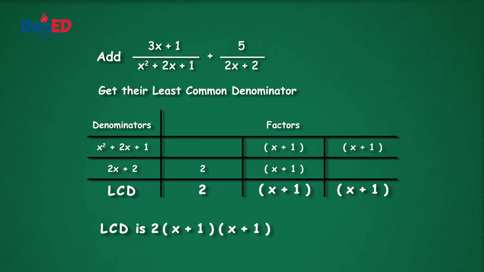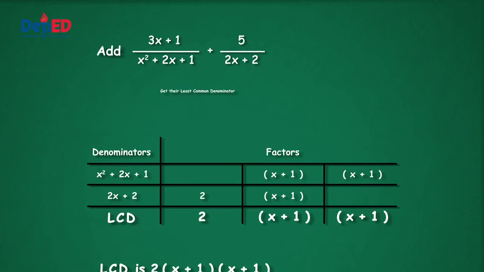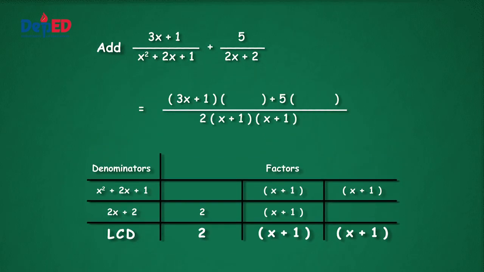Then, we will now multiply the numerators by the missing expressions in the rows of their respective denominators. What will we multiply to 3x plus 1? Since the row of its denominator, x squared plus 2x plus 1, does not have 2 in its factors, we will have the quantity 3x plus 1 times 2.